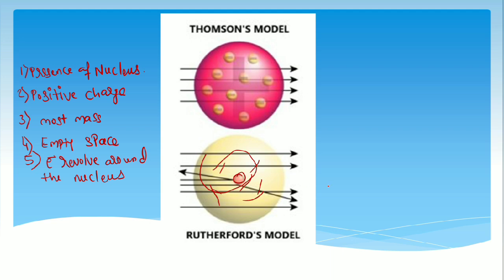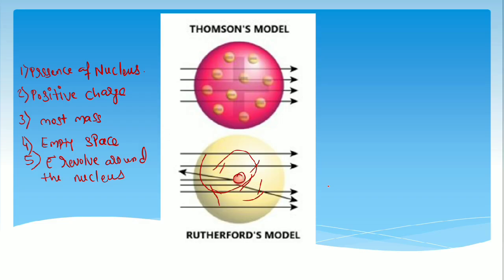Thomson proposed that an atom is a positively charged sphere with electrons embedded in it like seeds in a watermelon. However, Rutherford's gold foil experiment proved that this idea was incorrect. Rutherford discovered that atoms have a tiny, dense, positively charged nucleus and that most of the atom is empty space.